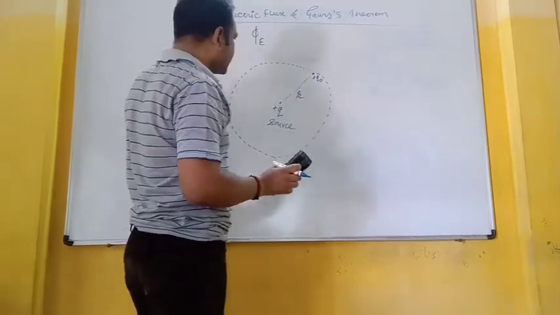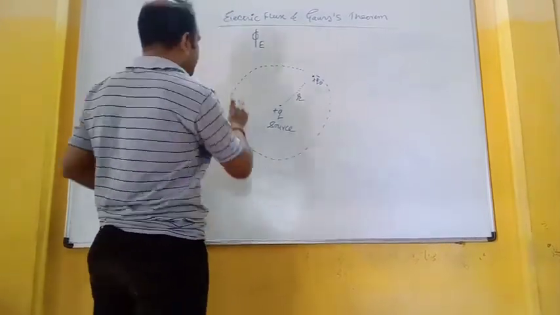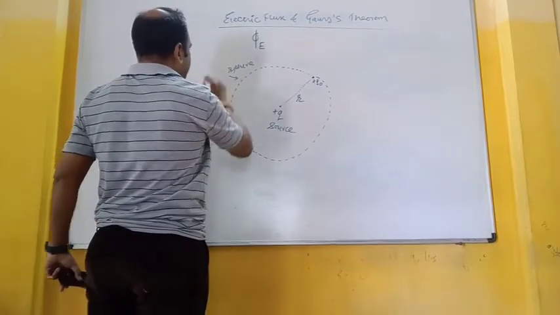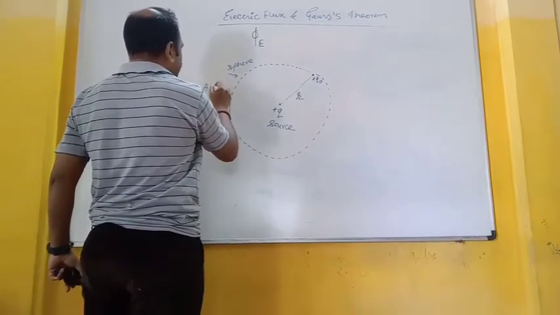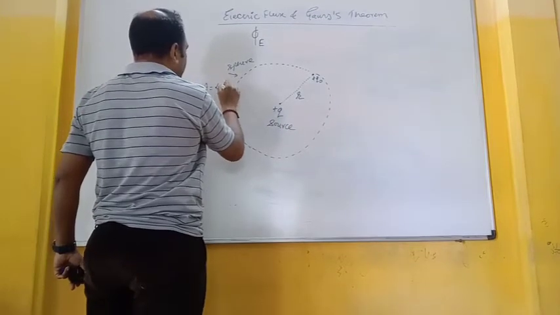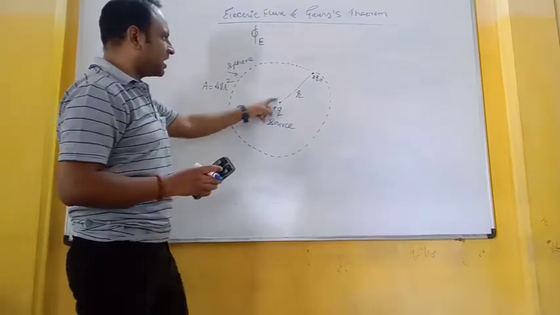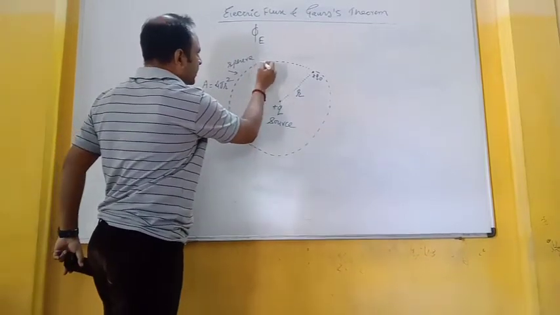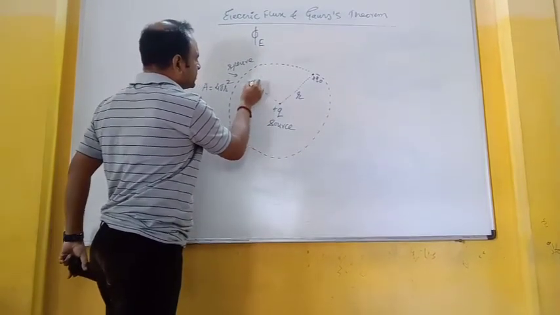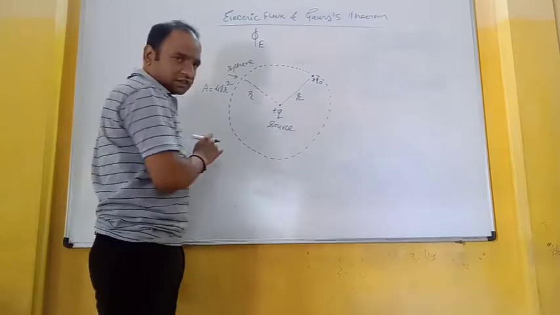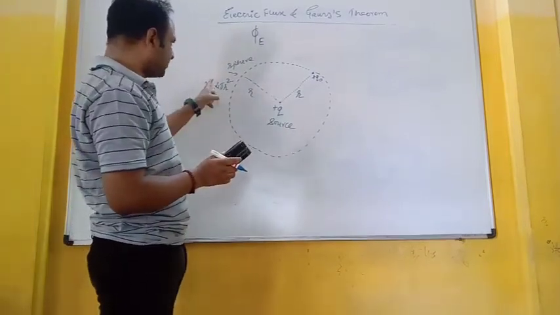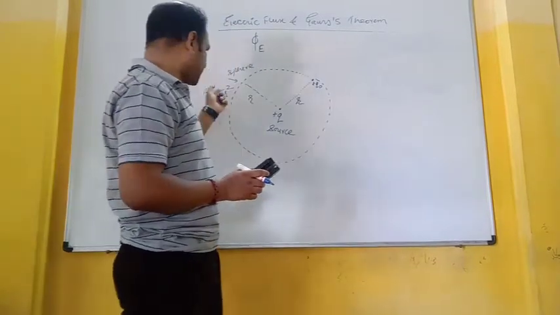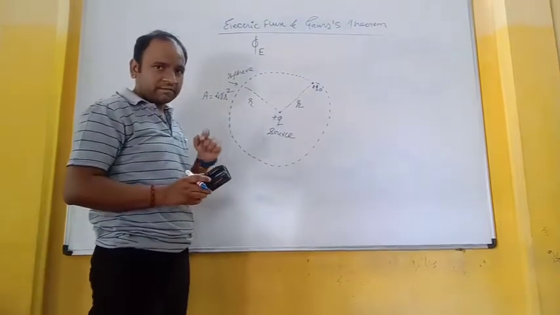The surface area of this sphere would be A equal to 4 pi r square, because r is the radius. Any point on this sphere is at the same distance from the source charge, so r is the radius and A equal to 4 pi r square is the surface area.